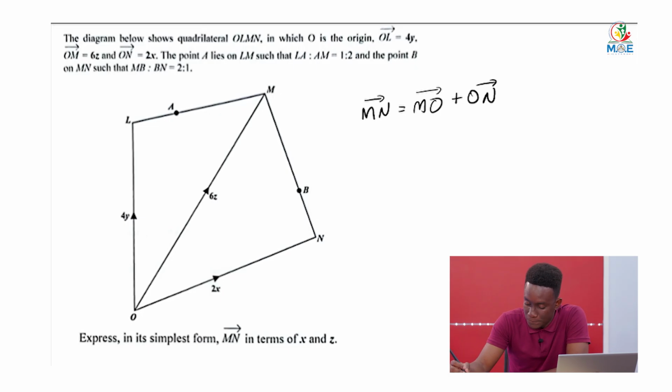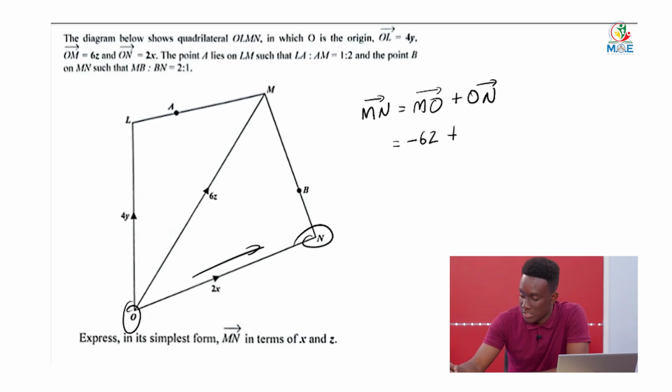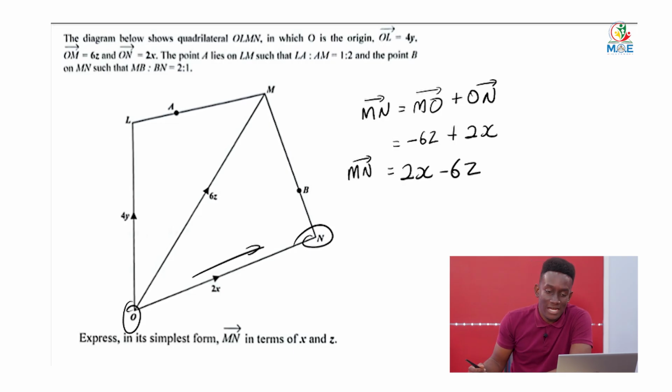The vector MO would be, we know OM is 6z, so MO would simply be negative 6z, plus ON would simply be 2x, because you're going from O to N, the same direction in which they are pointing. So we can rewrite this nicely and say 2x minus 6z. This is equal to MN, and that is the answer for this question.